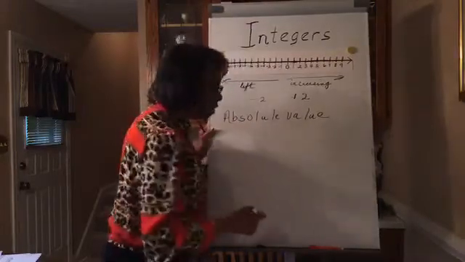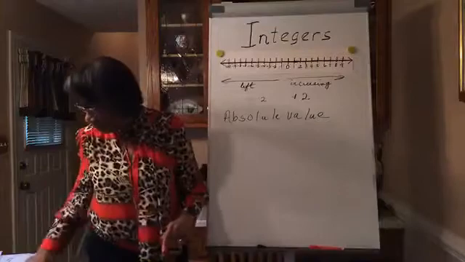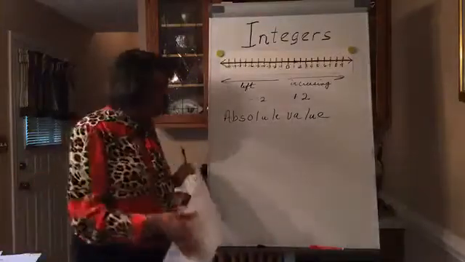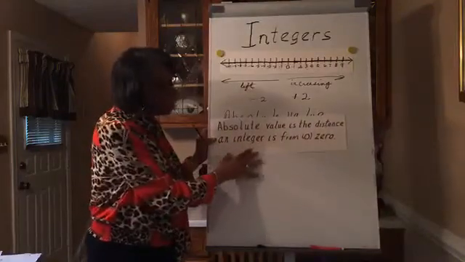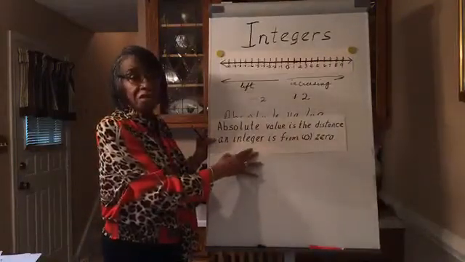By definition, absolute value is the distance an integer is from 0.